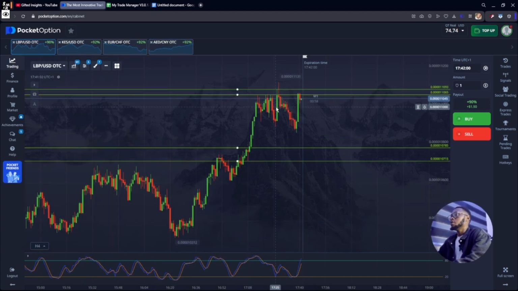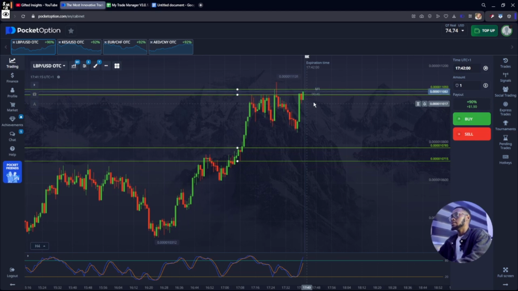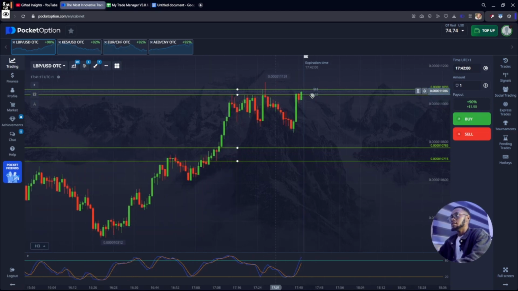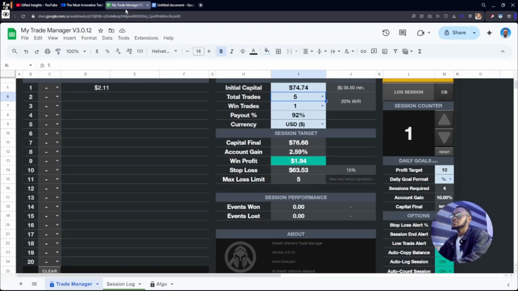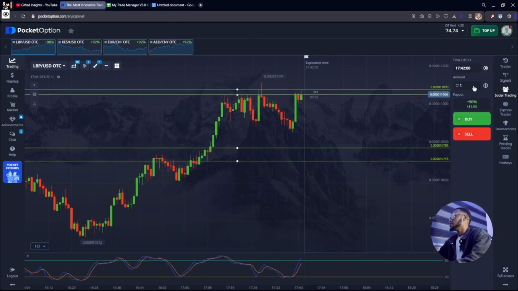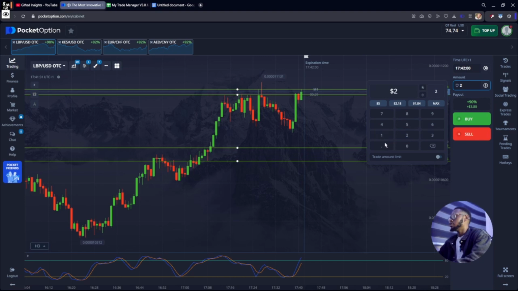These are not trend-following moves, and I'm meant to follow the trend. But right now, the price is going towards my resistance level and it has entered my resistance zone completely. Before I start trading, I need to know the first amount I'm trading with from my trade manager: 2.11.